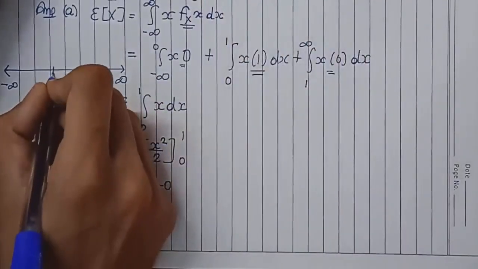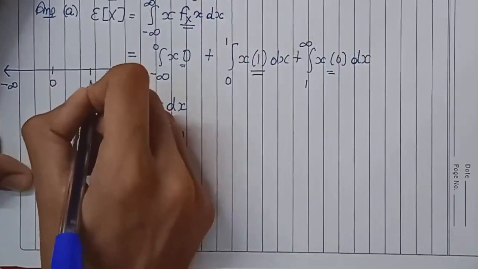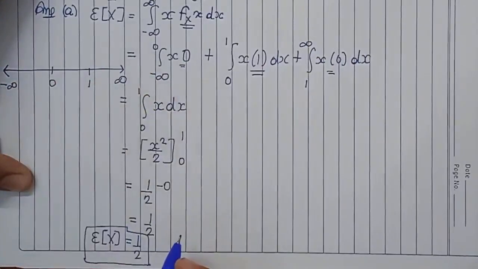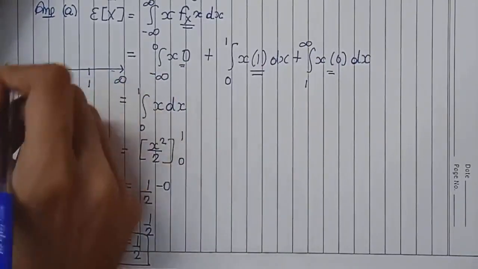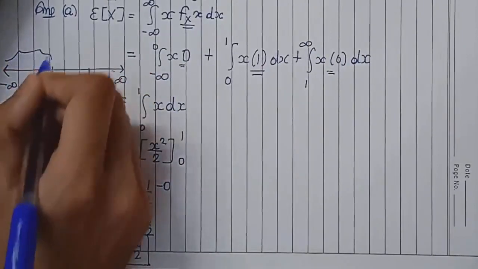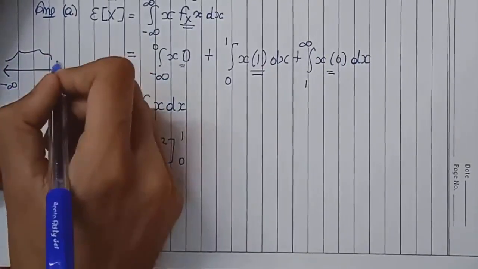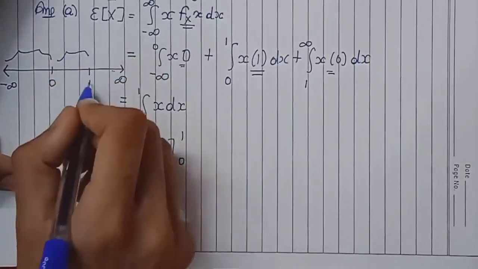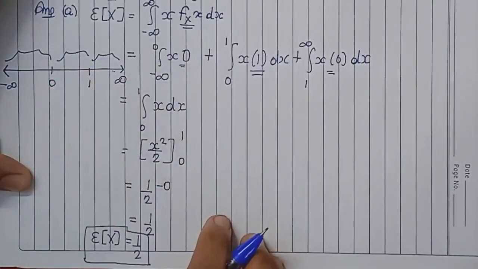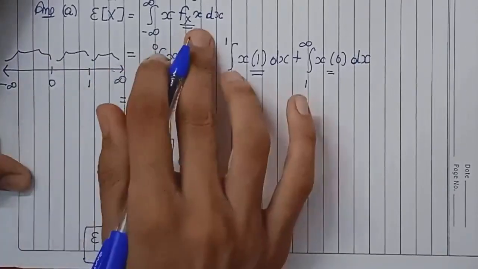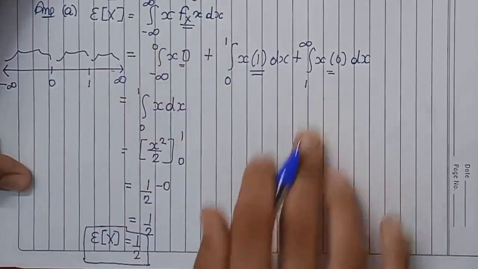So I will mark 0 and 1 on this number line. And now you can see that the number line is divided into 3 different regions. The first one is minus infinity to 0, the second one is 0 to 1, and the third one is from 1 to infinity. So in this way you can break your integral in these 3 parts.